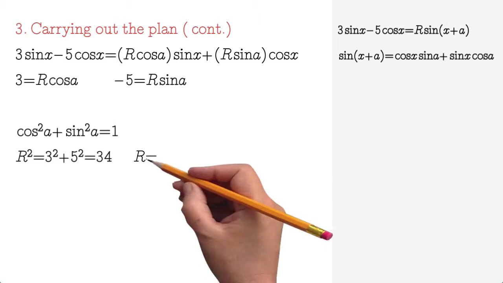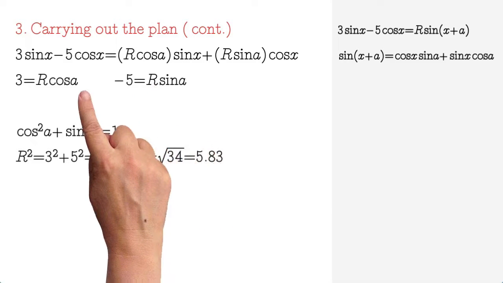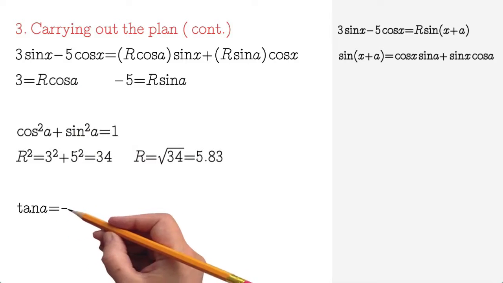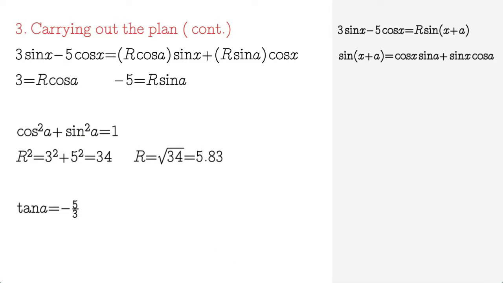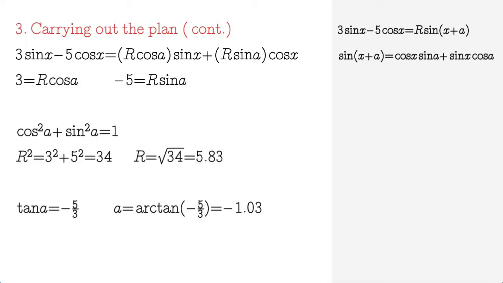Hence, r is the square root of 34, and the calculator tells us that this is approximately 5.83. To get a, we divide equation 2 by equation 1 and get tangent a equals minus 5 divided by 3. Hence, a equals arctangent of minus 5 over 3, and the calculator tells us that this is approximately minus 1.03.